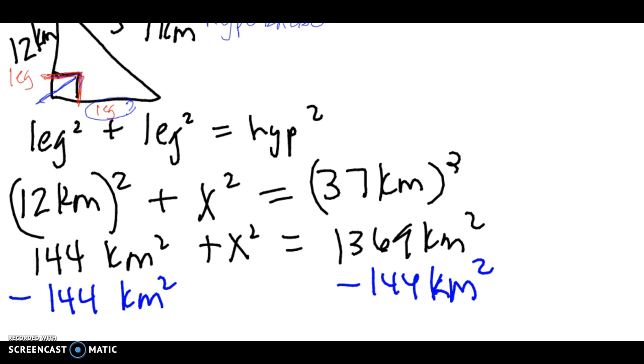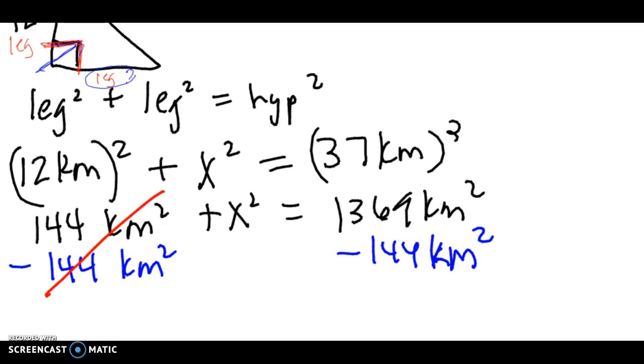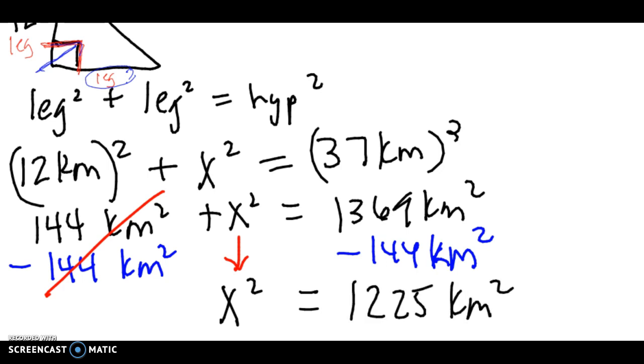144 kilometers squared minus itself is 0, and we will be left with x squared equals the difference of 1,369 and 144, which is 1,225 kilometers squared. To find what x is, the inverse operation of raising something to a power of 2 is to take the square root.